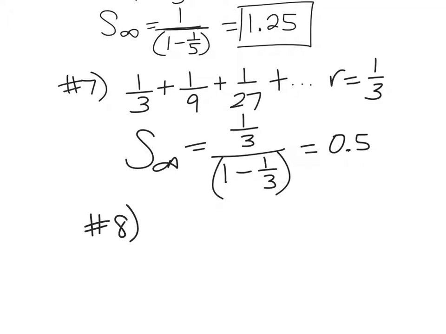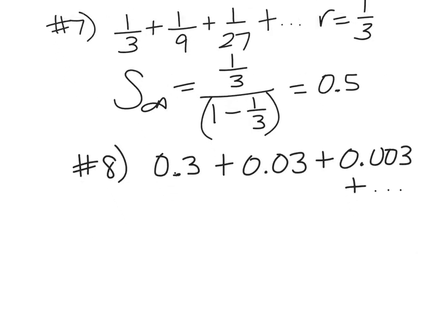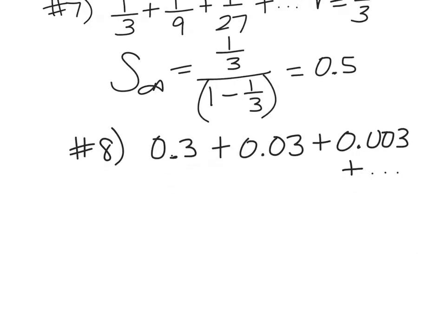How about one more? How about 0.3 plus 0.03 plus 0.003 plus dot, dot, dot. This one you can actually think about logically. Some of you might be a little skeptical. There's no way you can add up an infinite amount of numbers and it equals one number. Well, it does.